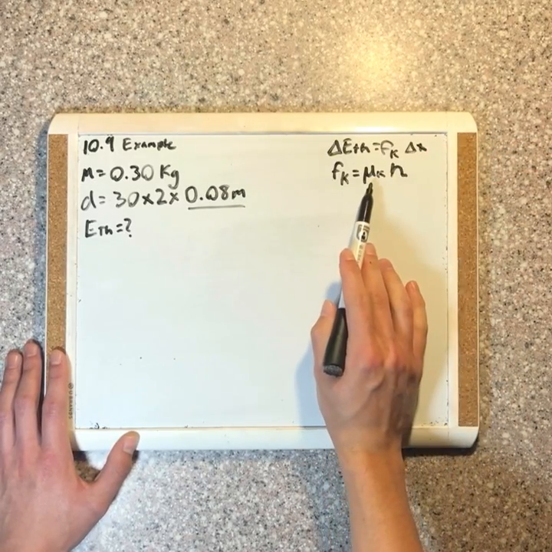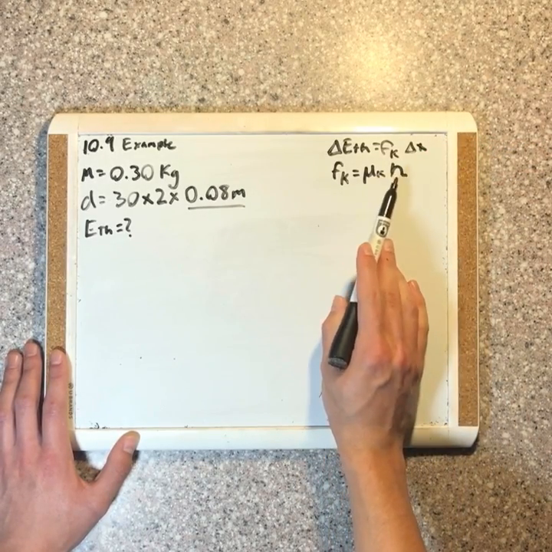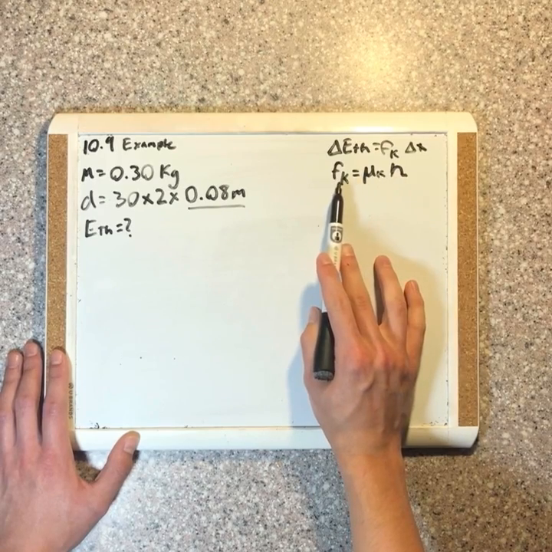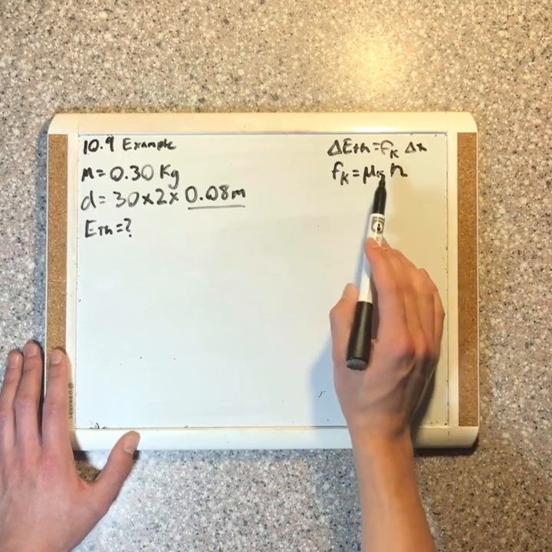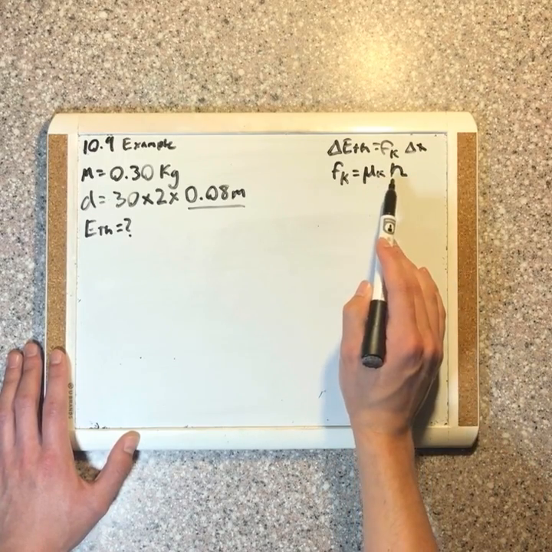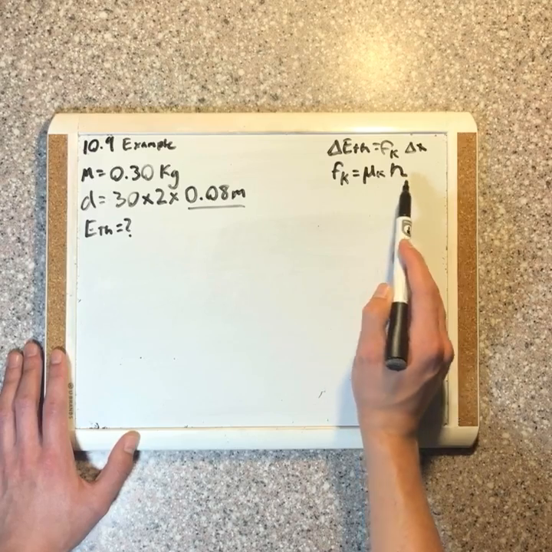So the coefficient of kinetic friction multiplied by the normal force is going to get us the force of kinetic friction that we need for our formula. So our key here is how do we figure out the normal force?